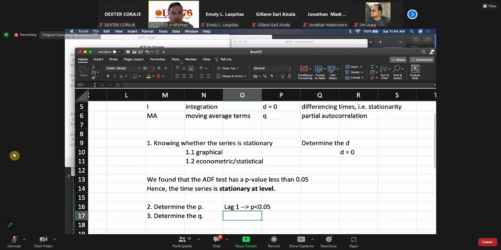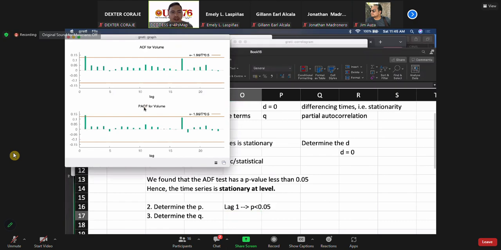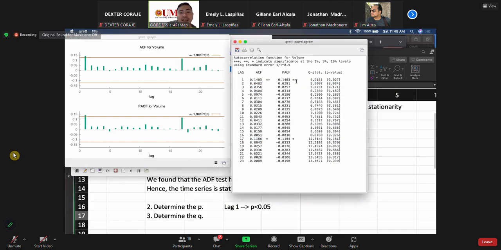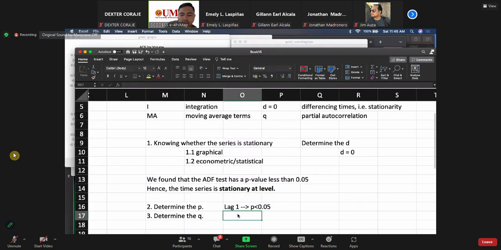In the same way, the partial autocorrelation function, which represents Q or the moving average terms, would also require you to determine at which lag it starts to decay or stops being significant. In this case, it's also at lag 1. So when you reach lag 2, it is already non-significant.